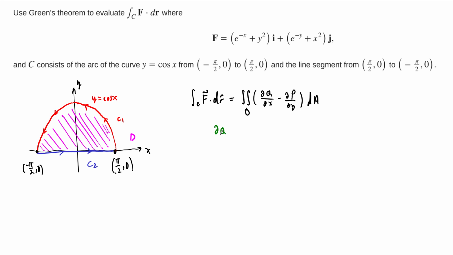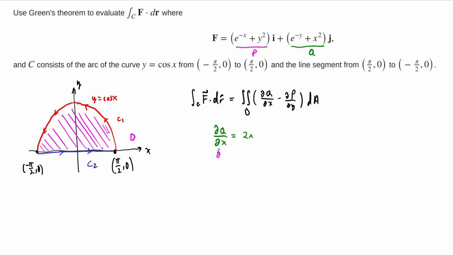So dQ/dx, remember the P and the Q are the components, right? So there's Q, here's P. So in Green's theorem, the function that we create is dQ/dx minus dP/dy. Well, dQ/dx is not going to have any exponentials. It's just going to be 2x, right? So just 2x, and dP/dy is going to be similar.